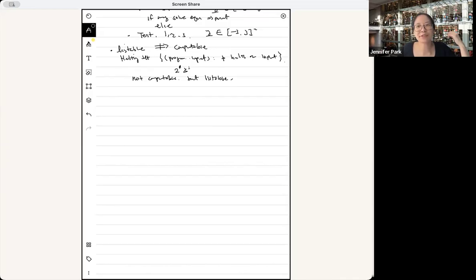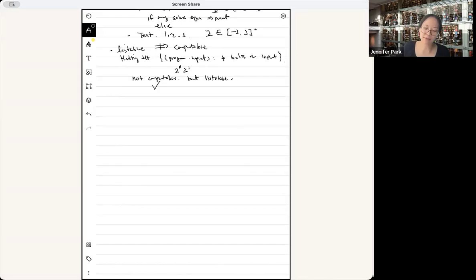We've already shown that it is not computable because that's literally the content of the halting problem. There does not exist a program that decides whether a program stops on the input. This is from our proof of the halting problem.